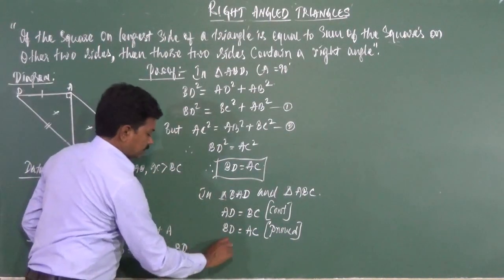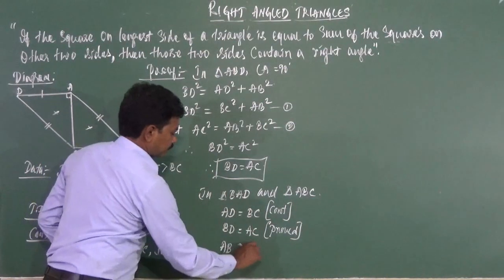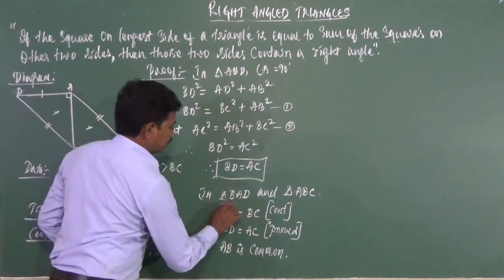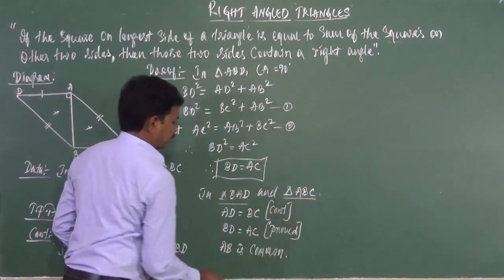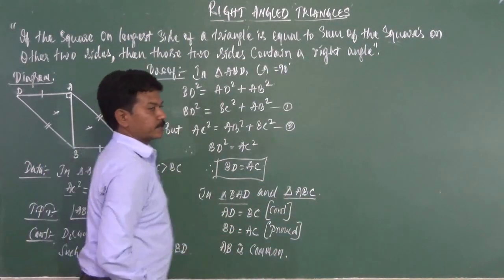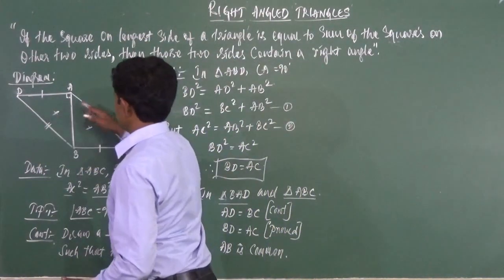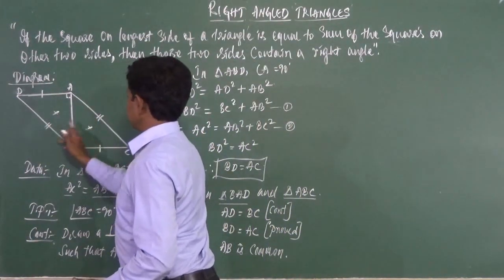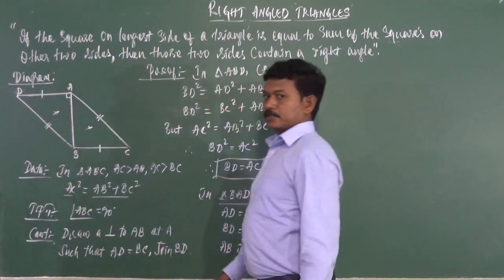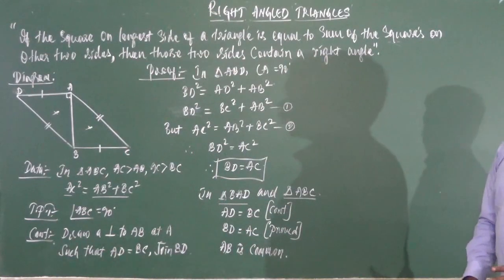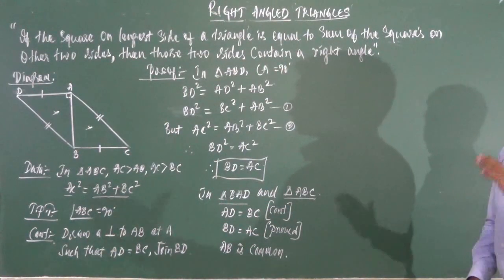So for this triangle and this triangle, three pairs of corresponding sides have become equal. So both the triangles should be congruent according to SSS congruency.